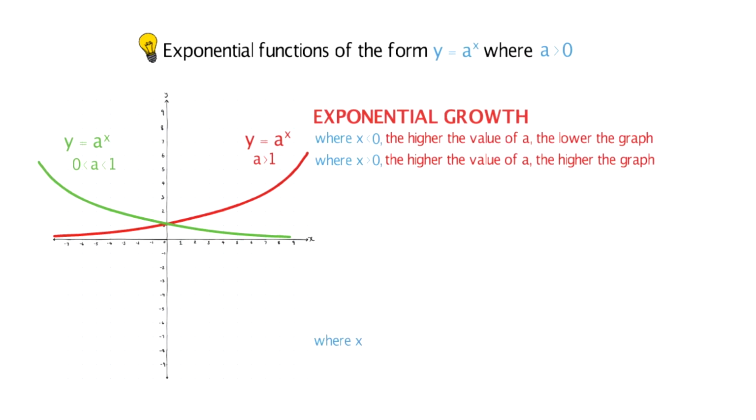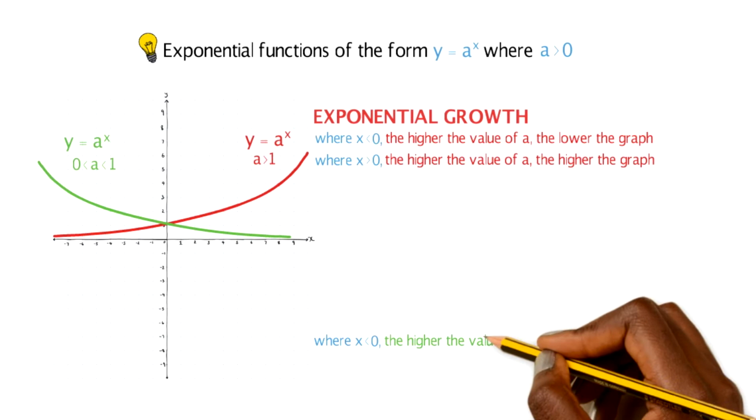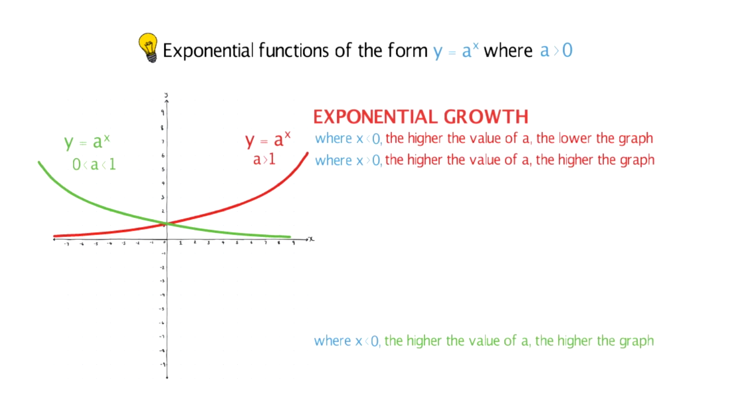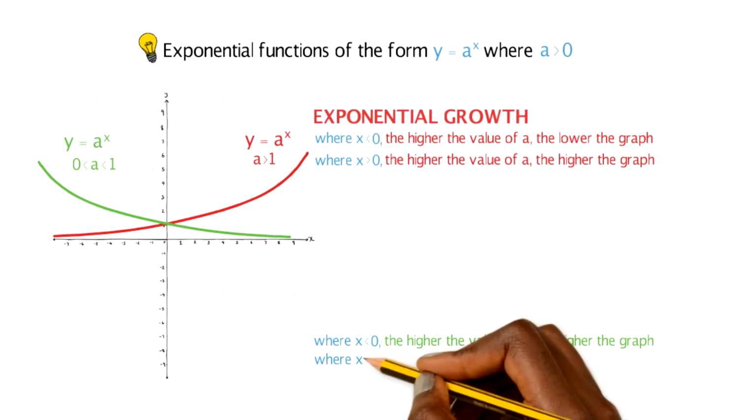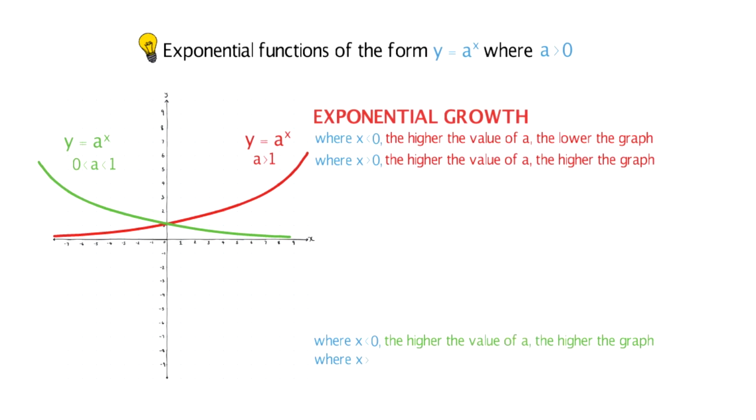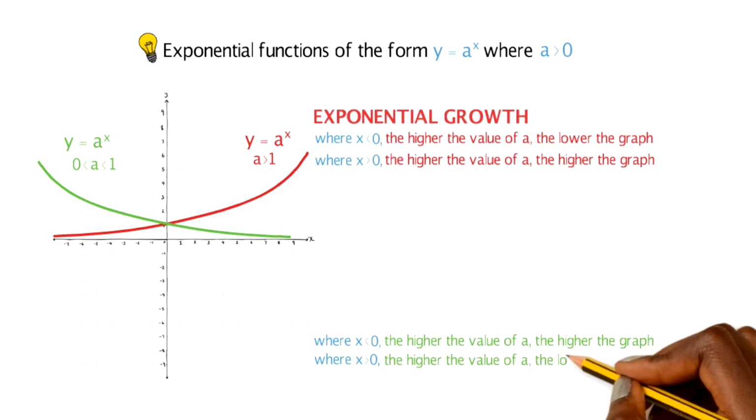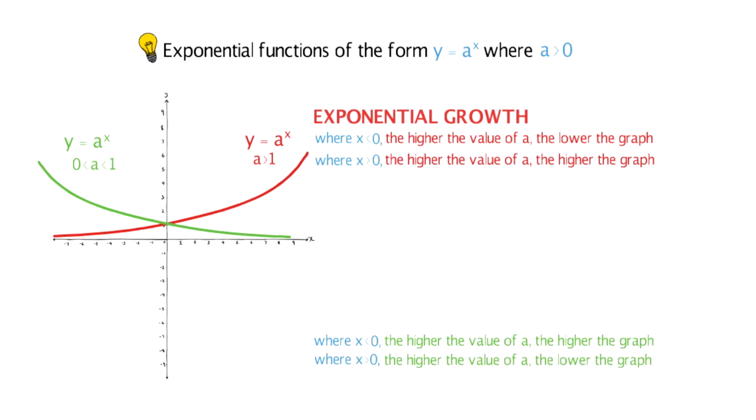With this one, if your x value is less than 0, then for values of a between 0 and 1, the higher the value of a, the higher the graph. So it's kind of like they swapped. Whereas if your x is greater than 0, the higher the value of a, the lower the graph. And we call this exponential decay.